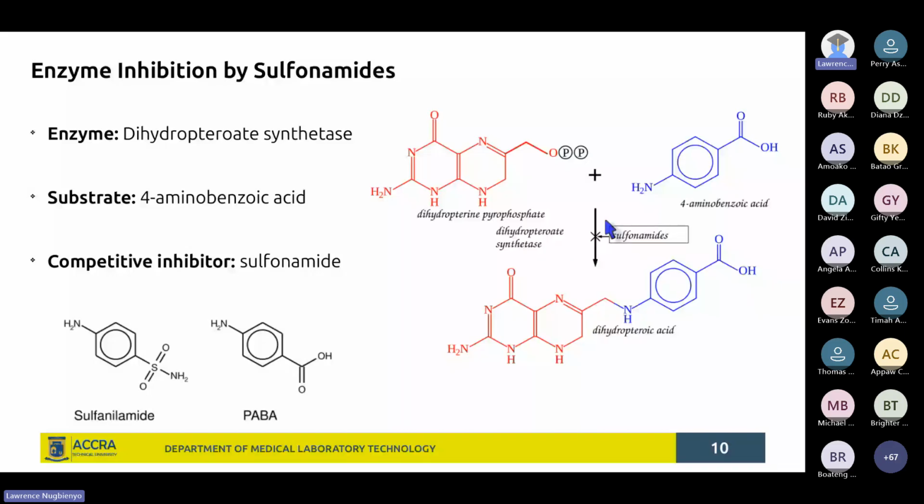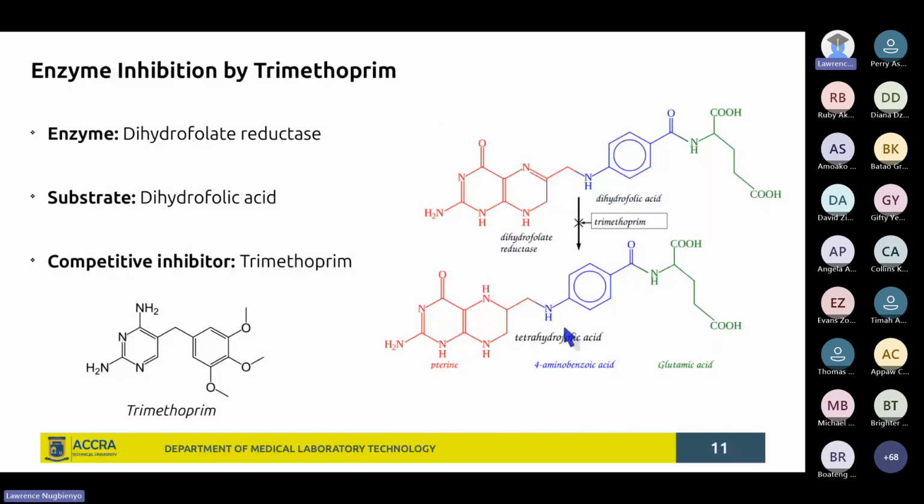And once it prevents the synthesis of the folic acid, it will inhibit the growth and proliferation of the bacterial cells. Similarly, trimethoprim, which is also an antibiotic, I think used much more in urinary tract infections and maybe some more serious infectious conditions, also inhibits dihydrofolate reductase.